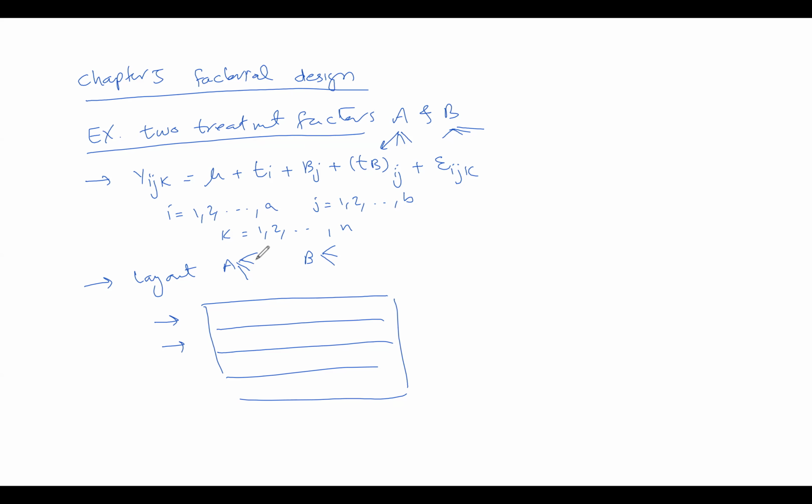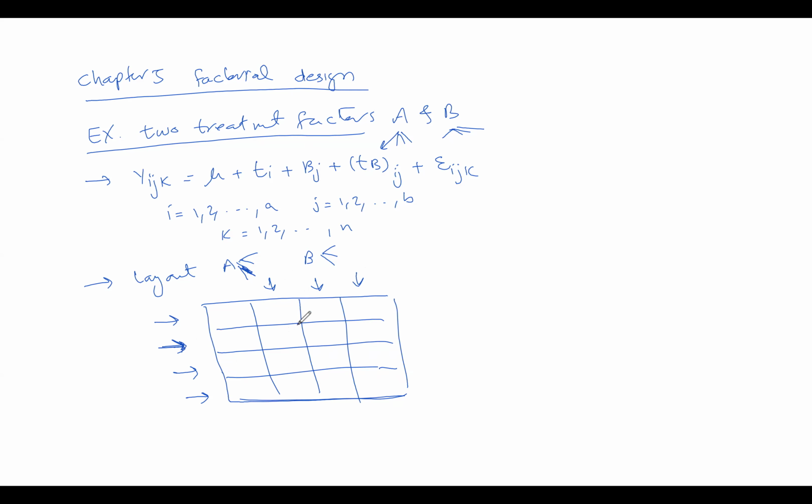Okay, 3, 3. So this is the first level of the first treatment factor, and then second level, and then third level. And then the first level of the second treatment factor, second level of the second treatment factor, third level of the second treatment factor.